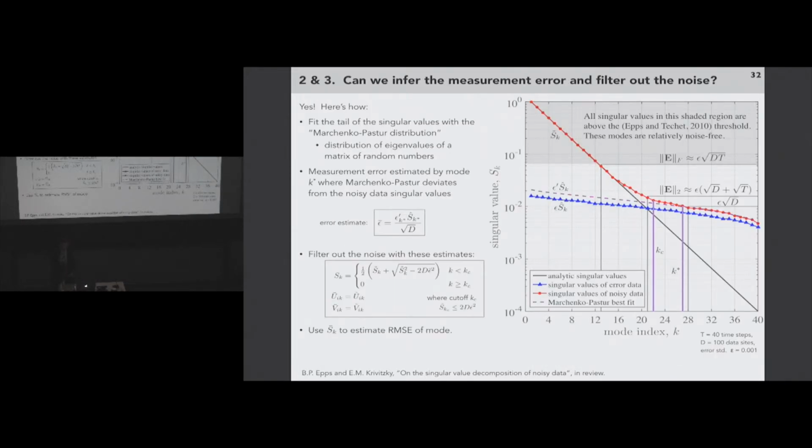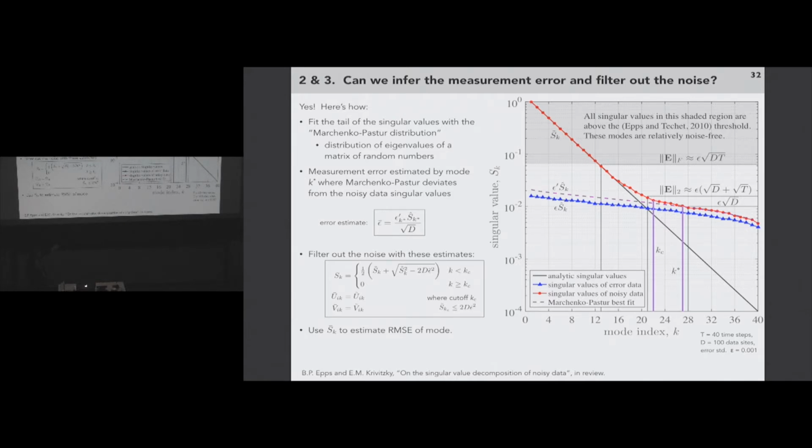So there's two other questions. Can we infer the measurement error, and can we filter out the noise? We can do this in the following way. Again, looking at the plots of the singular values, we see singular values are pretty much unaffected if they're above that threshold. For the low ones, they follow what's called the Marchenko-Pastur distribution. So you can fit this Marchenko-Pastur distribution to the tail end of these singular values, and where this deviates, that's just about this epsilon times square root d.